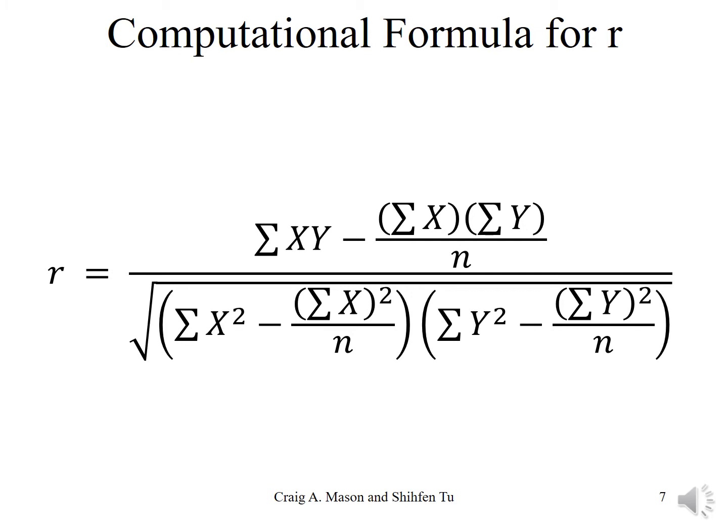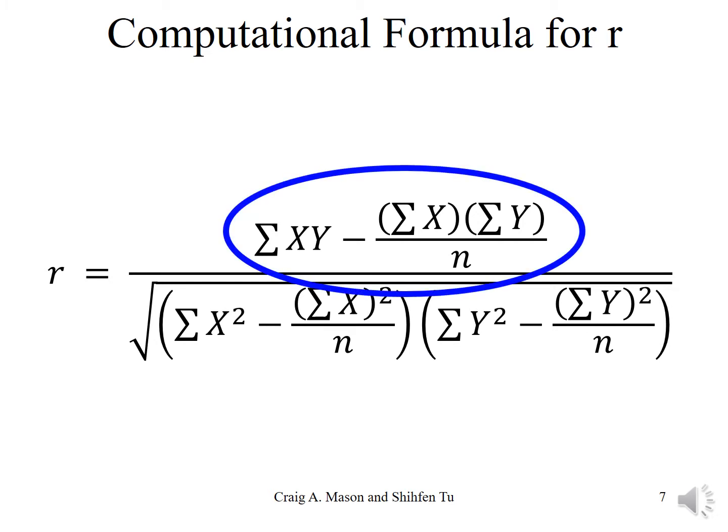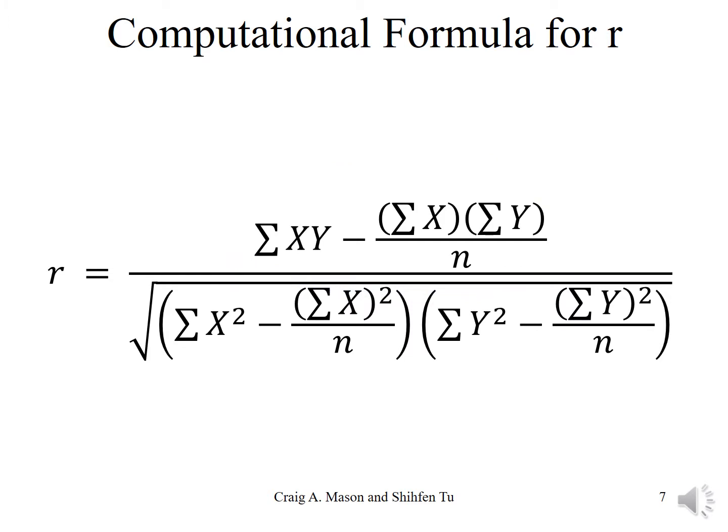It looks messy, but the nice thing is you don't have to calculate any deviation scores. You're really just adding up numbers and adding up squared numbers. It's equal to the sum of the cross products, which, slightly tweaking the sum of squares computational formula, is the sum of x times y minus the sum of x times the sum of y divided by n.